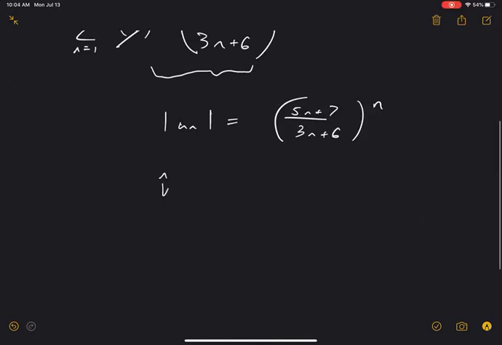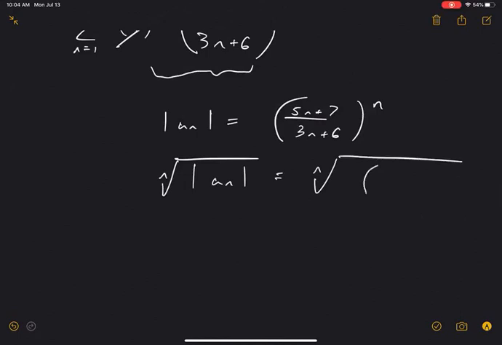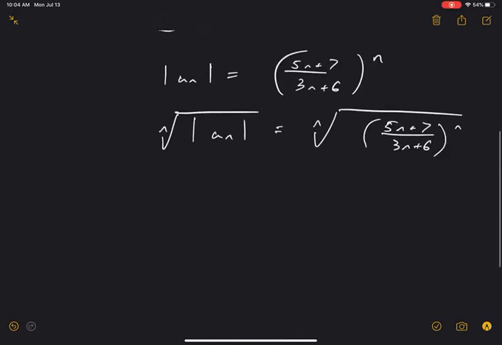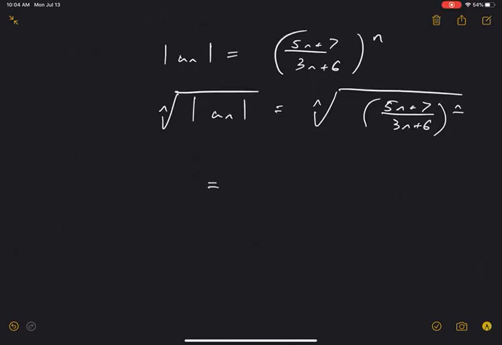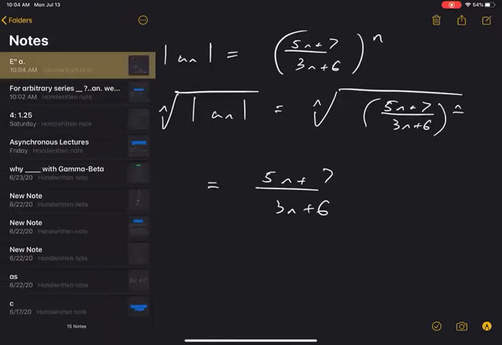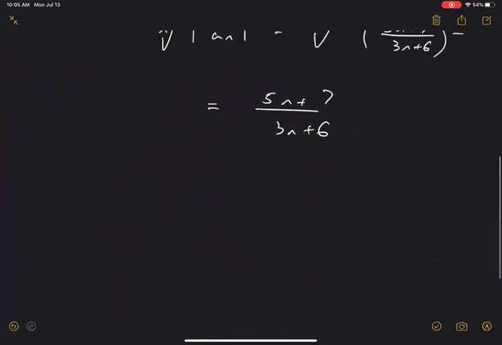The next step is to take the nth root of the absolute value of a_n. I have an nth root and a power n, so they cancel out nicely. That's my nth root of a_n. Then, similar to the ratio test, I consider the limit of that term.